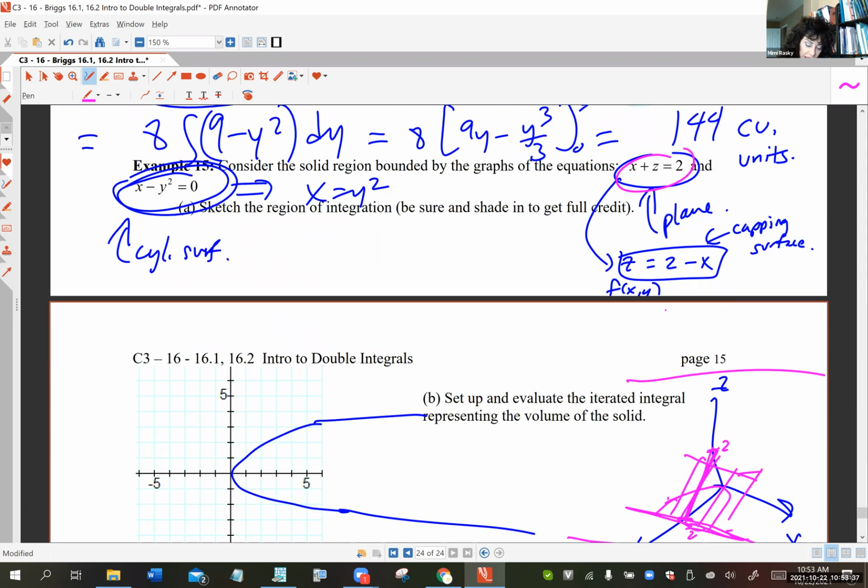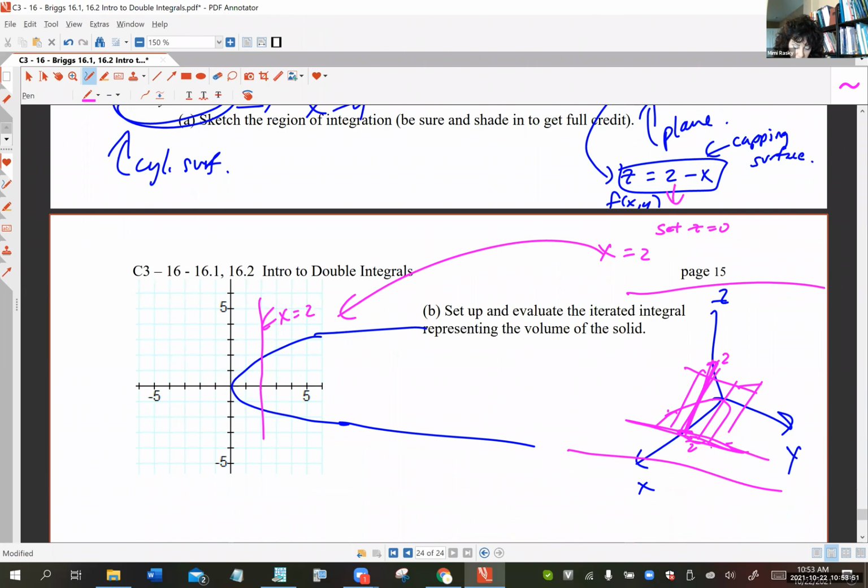Well, where? If you want to see the trace, set z equal to 0 in this equation, and you'll get x equals 2, and that's what you're going to graph. That's the trace of the capping surface as it cuts through the xy plane here. And so the base of your solid is really just this little piece right there.